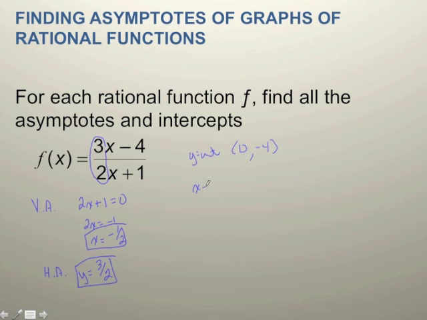The x-intercept: y is 0, so the numerator equals 0. 3x minus 4 equals 0, so x will be 4/3.